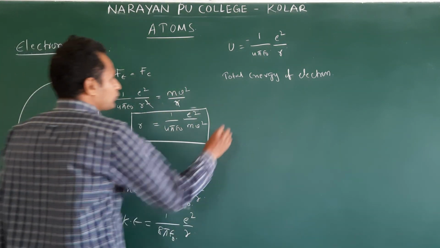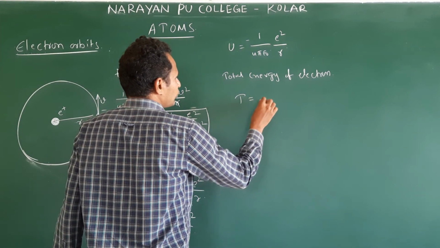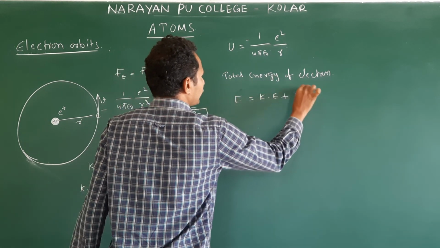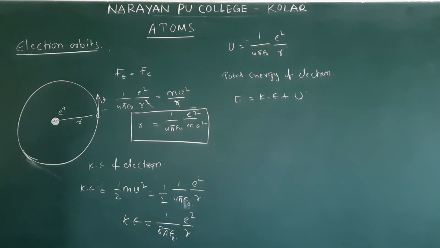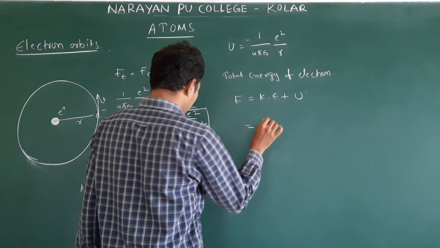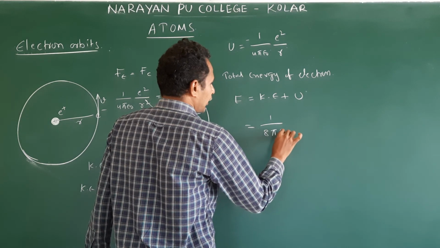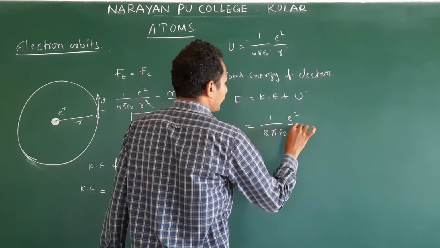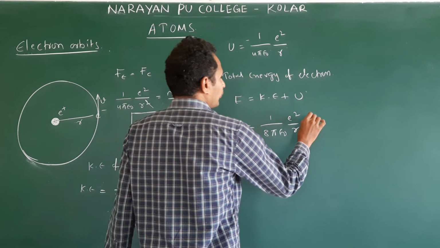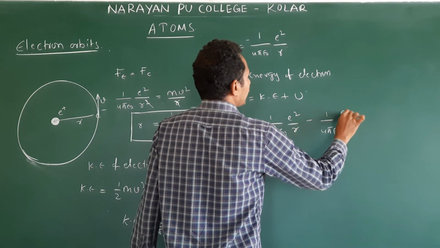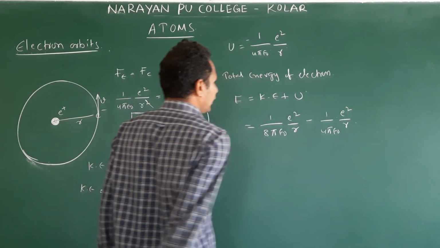So total energy is what? E is equal to KE plus U, kinetic energy plus potential energy. So write it down. What is the kinetic energy? 1 by 8 pi epsilon naught e square by r. This is minus 1 by 4 pi epsilon naught e square by r.